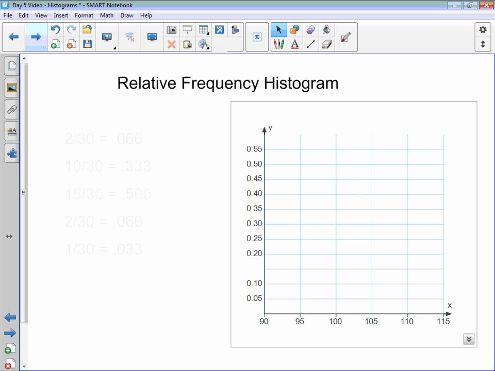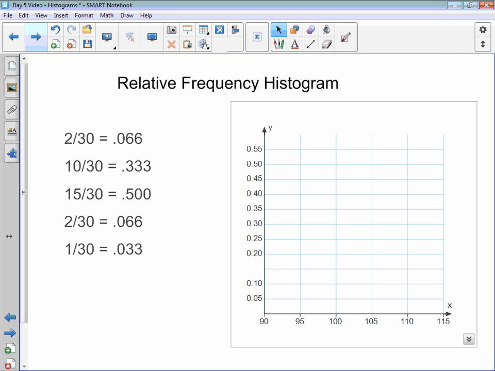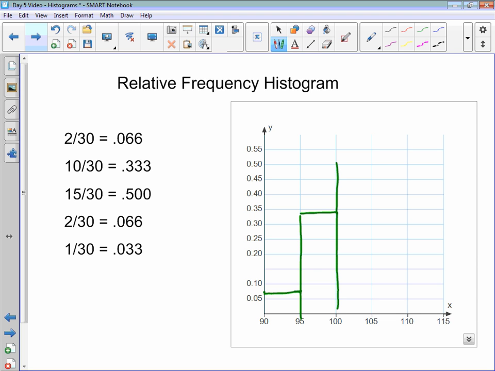And so then we can do the exact same graph here. And so we would go to 0.066, we come up to 0.33, 0.5, 0.066, and 0.033. And so this axis is now frequency.